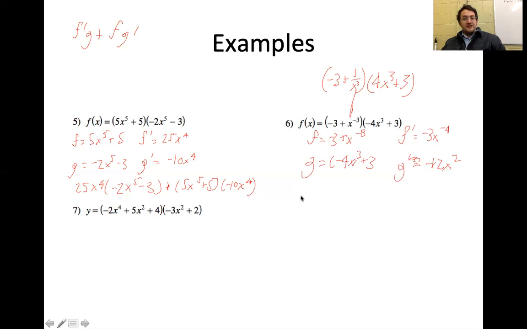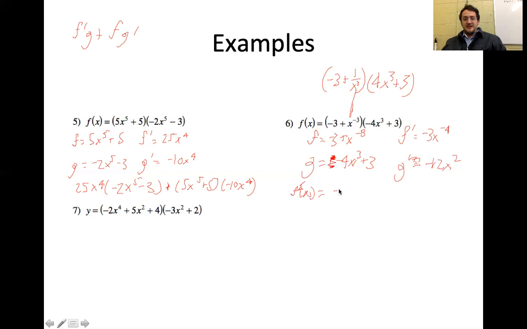So then I just use the formula that I wrote in the top corner. My derivative would be f prime g.